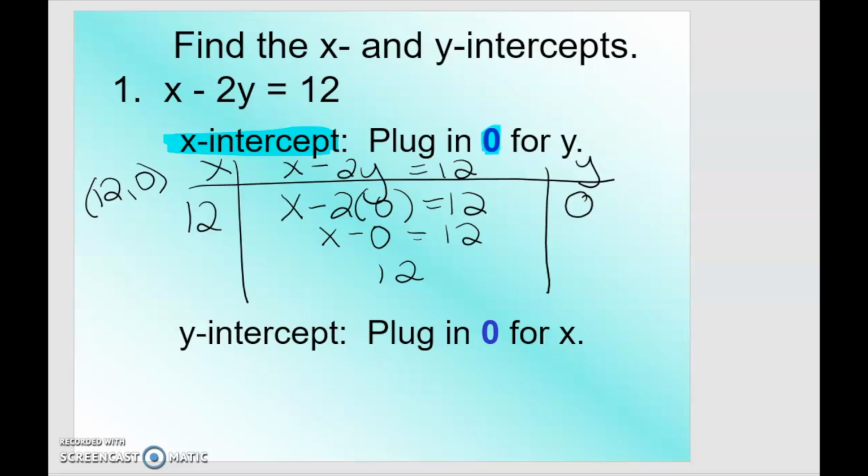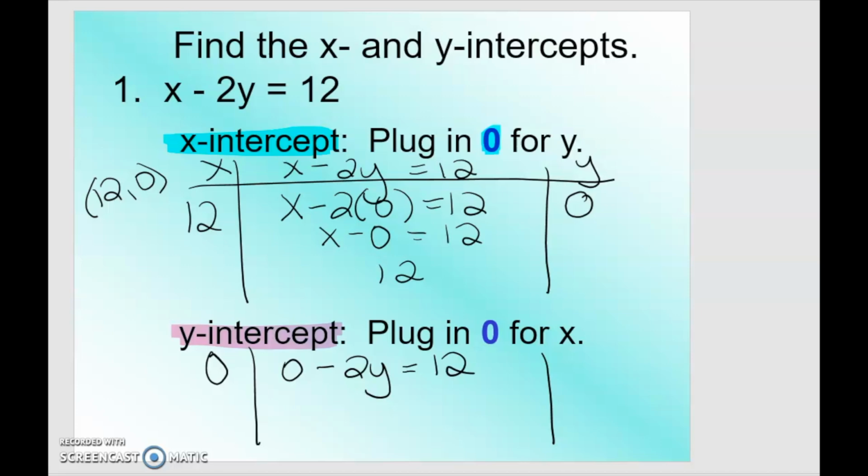Now we're going to do the same thing again. We're continuing that H chart, but this time we're finding the y-intercept, the point where our graph crosses the y-axis. So we're going to plug in 0 for x this time. So again, same equation, 0 minus 2y equals 12.